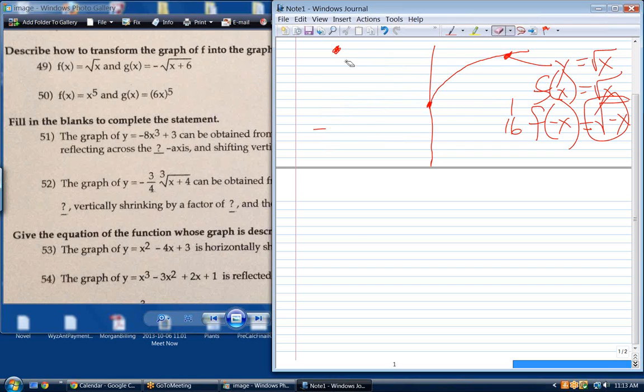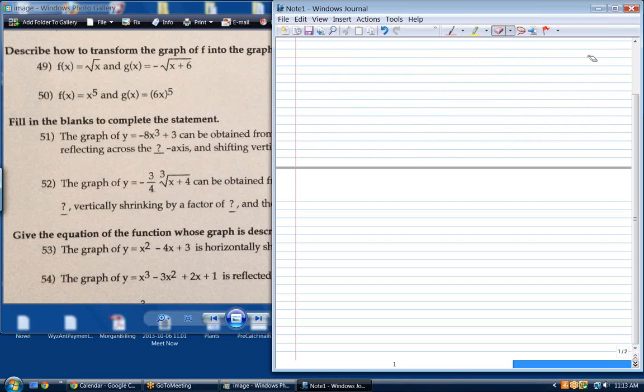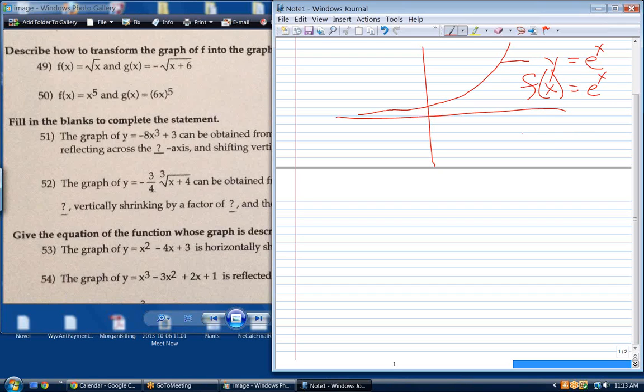This concept of figuring out whether your negative sign is inside or outside the function is important. Here's a particularly difficult one. e to the x. Familiar with this function? Okay, so that's saying f of x is e to the x.